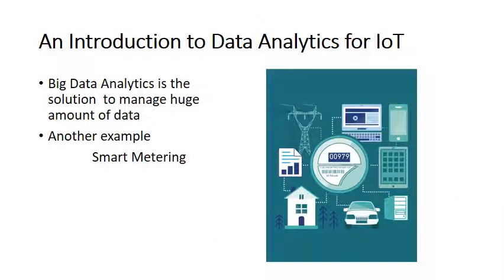Another example: we have seen smart metering, where we can install smart meters at each and every household. What is the main task of these smart meters? They calculate the amount or price based on the energy consumption in your home. For one city there may be around 50,000 families, so we require 50,000 smart meters, and each smart meter may have 5 to 6 sensors.